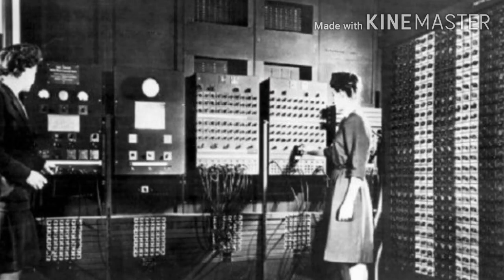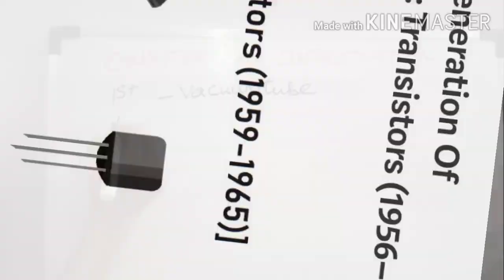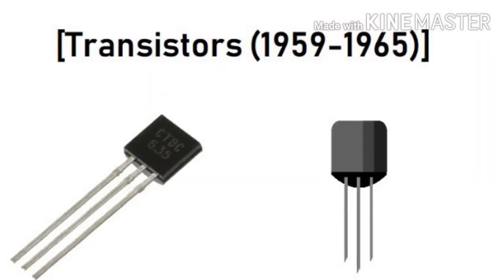In the first generation computer, they used vacuum tubes. In the second generation computer, they used transistors.